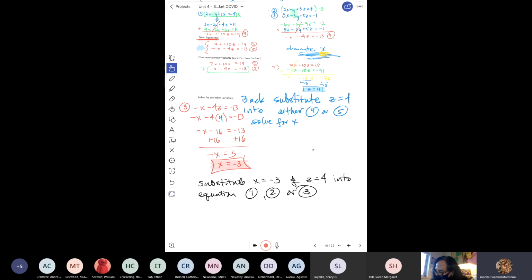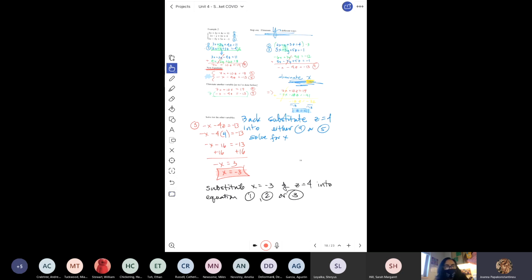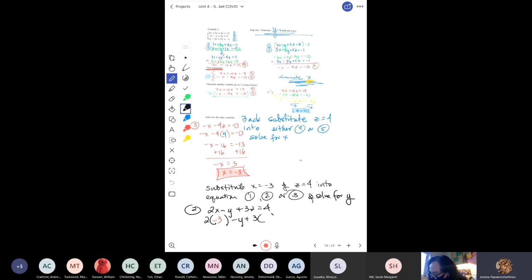Doesn't matter. It has to satisfy all of them anyway. So if I'm solving for y, maybe I'm going to choose equation 2. But it doesn't matter. So I'm substituting in negative 3 for x. I'm solving for y. And I'm substituting in 4 for z.